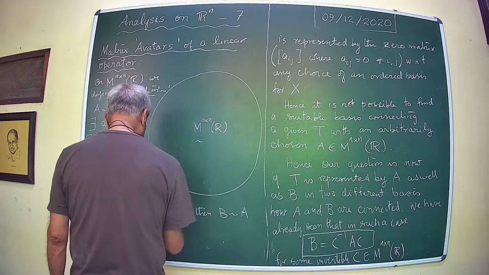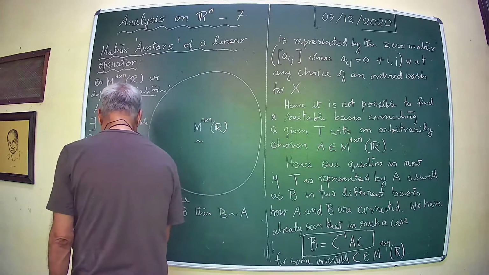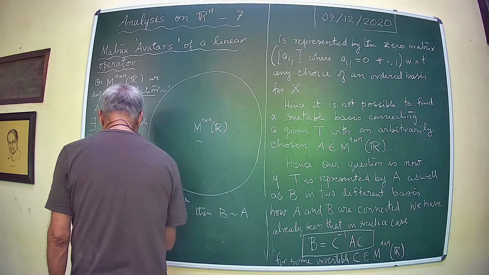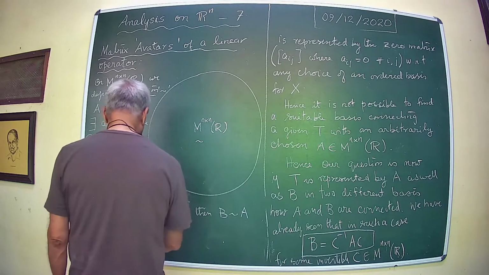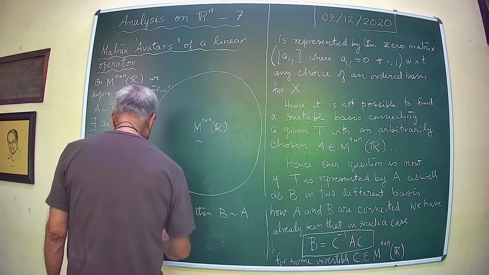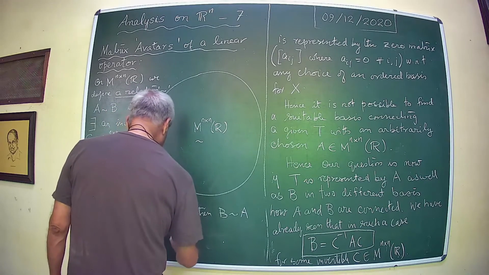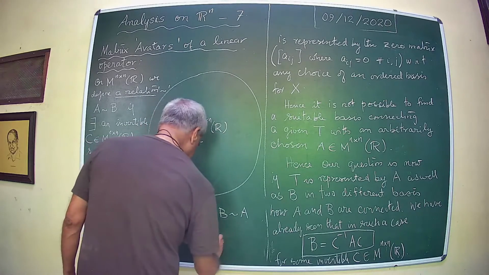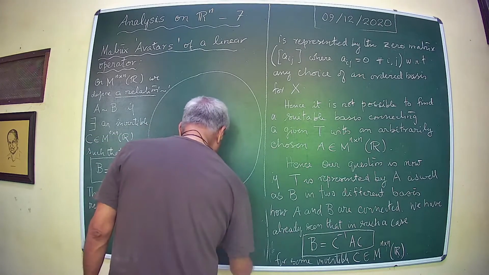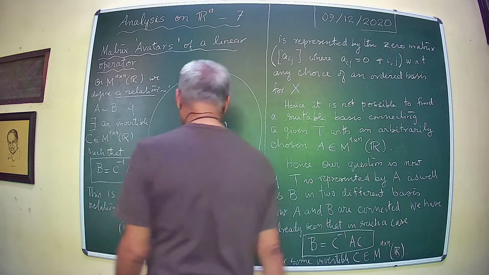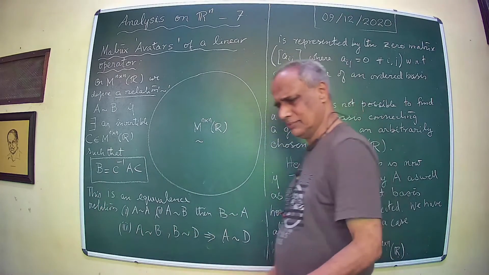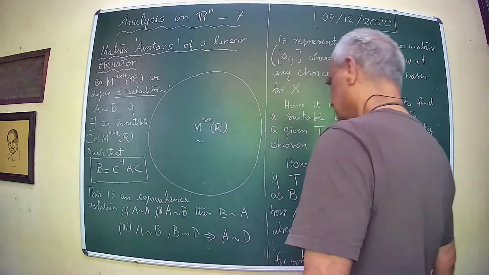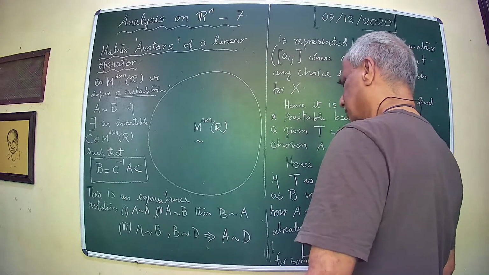The second one is symmetry. The third one is: A is related to B, B is related to D, implies A is related to D. I leave it to you to explore the proof of that. That's very simple.